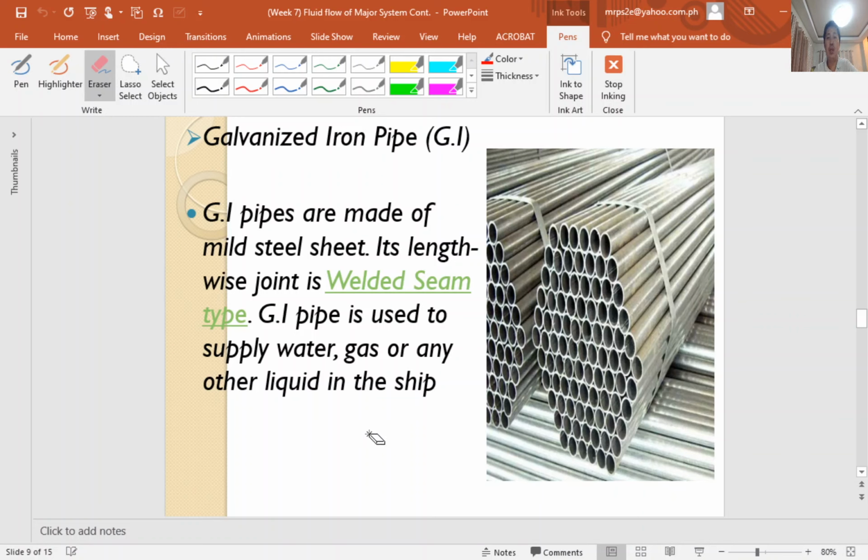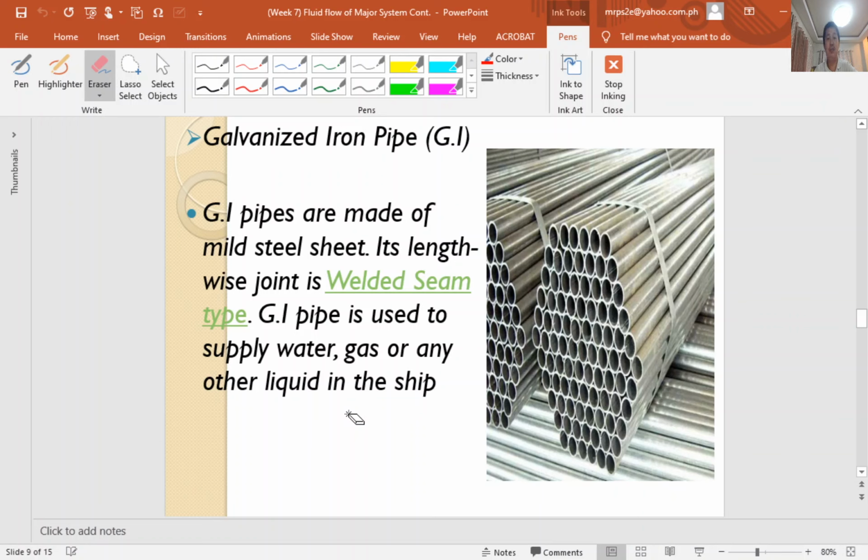Just remember that GI pipe can be used for the supply of water, gas, and any other liquid. So there are a lot of applications of GI pipes. It can be seawater, fresh water, steam, and the engine cooling water.